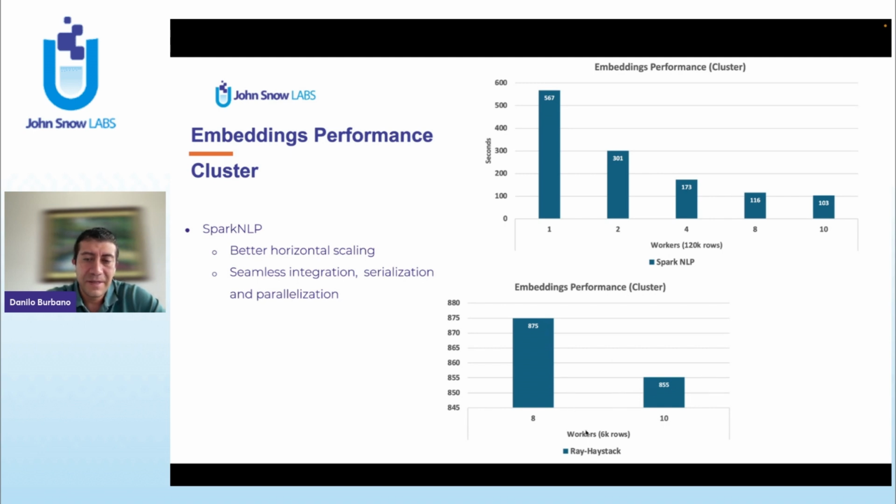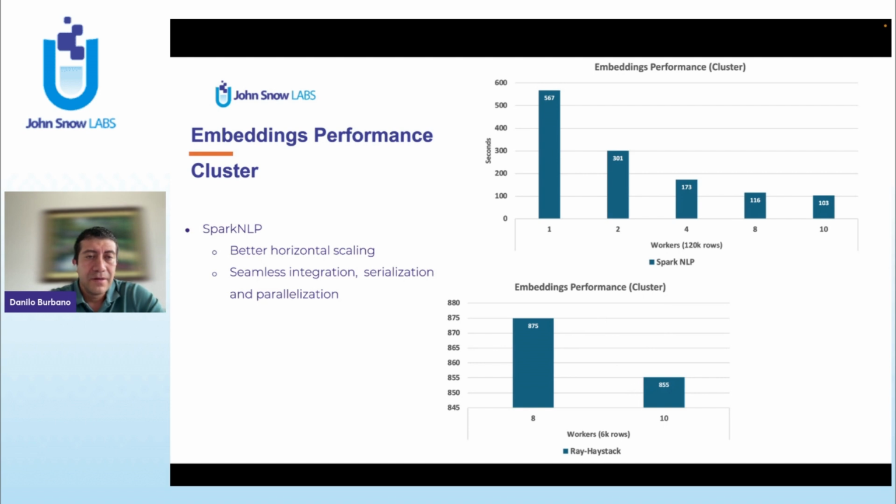As you saw here, since Haystack didn't get good results in terms of speed, I reduced the number of rows, and it still didn't get good results. So from a software developer perspective, implementing RAG or other NLP tasks is easier and more streamlined with minimal boilerplate code required in Spark NLP. Maybe there is a way to optimize this, but with Spark NLP it is much easier.